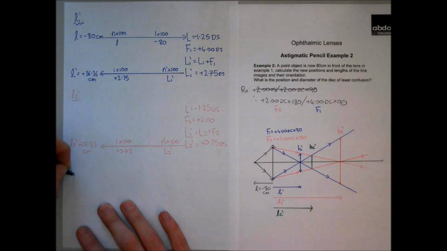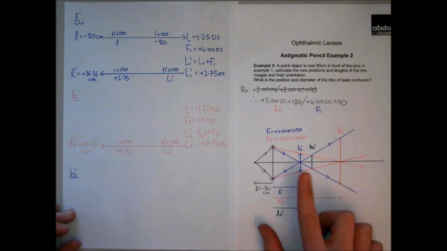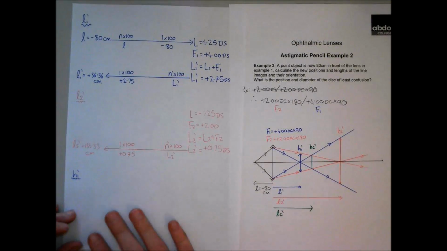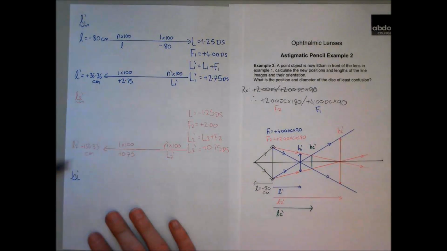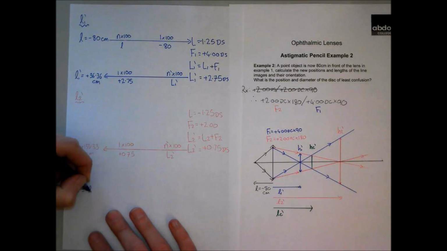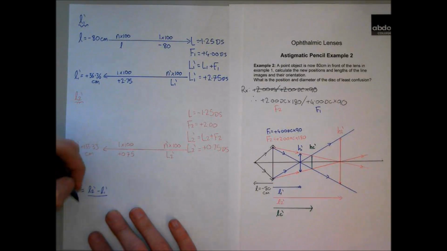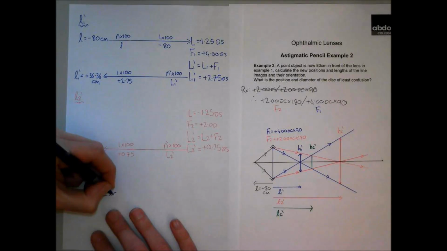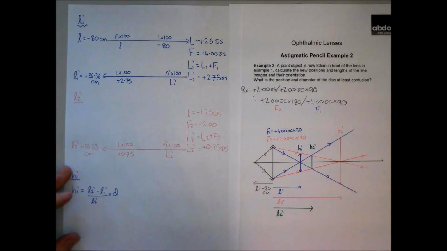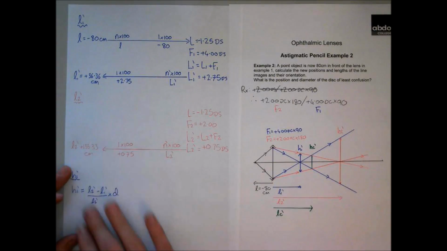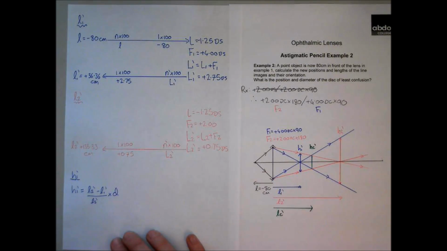So if I wanted to find H1 dashed, the size of our first line image, H1 dashed from your lecture sheets is little L2 dashed minus little L1 dashed, all divided by little L2 dashed times by D. Now in the formula, it isn't the distance between lenses, it isn't the distance between the focal lines.